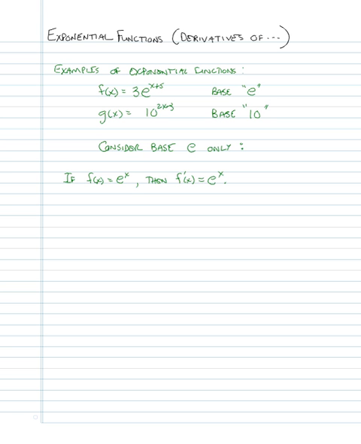Another way for us to write this is that the derivative with respect to x of e to the x is simply e to the x. So both of those are stating the same thing. Those are clearly something that we need to remember.